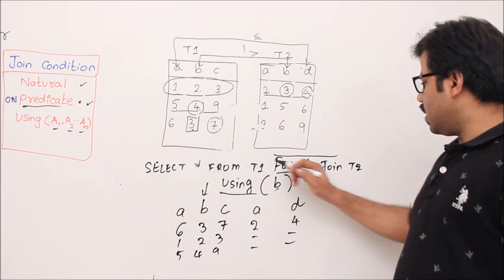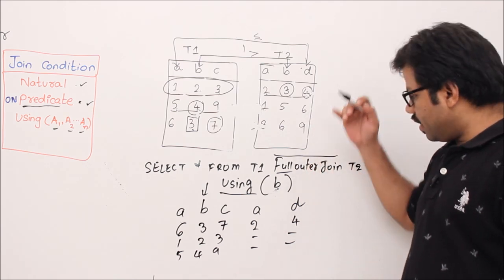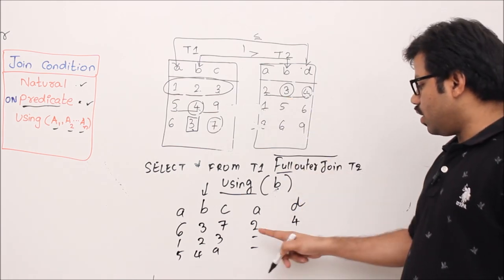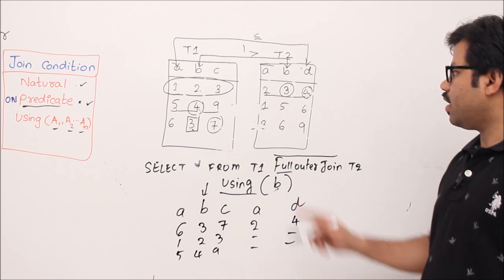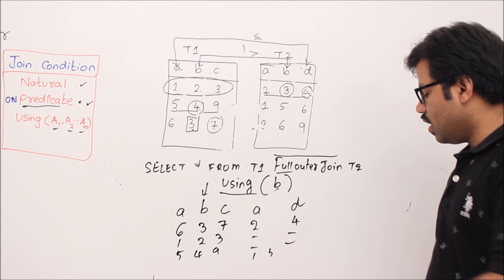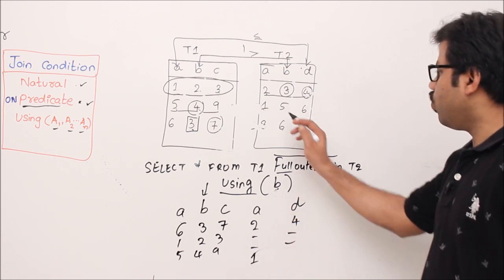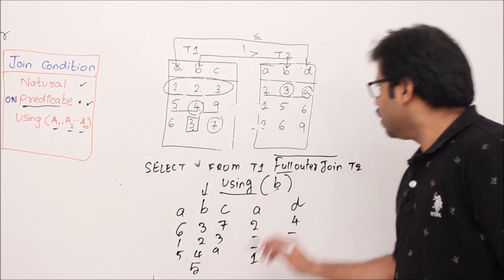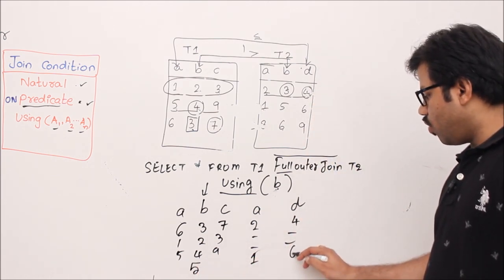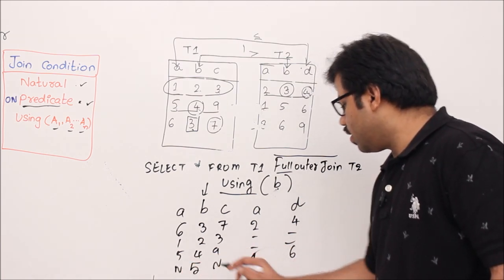Now after that, since it is a full outer join, go to the right side. Which tuples did not participate in this relation? Only 2, 3, 4 participated, correct? 1, 5, 6, 3, 6, 9 did not participate. Then we write like this, 1, 5, 6. So A value 1, B value 5 and D value 6, 1, 5, 6 along with null, null.